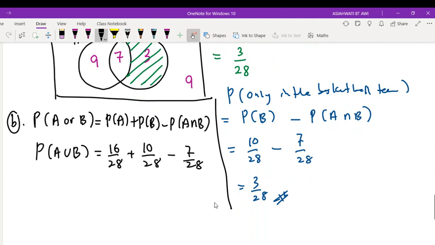You can calculate the answer. The answer is 19 over 28. This is for either playing in the volleyball team or the basketball team.